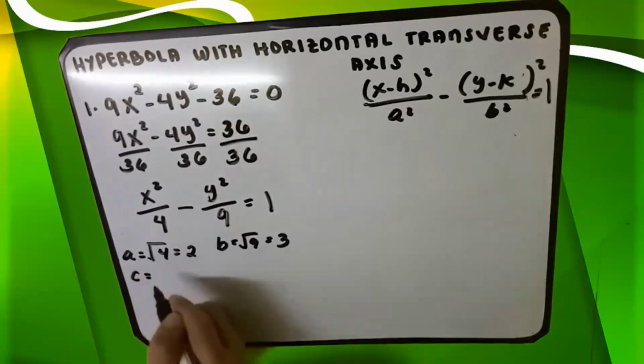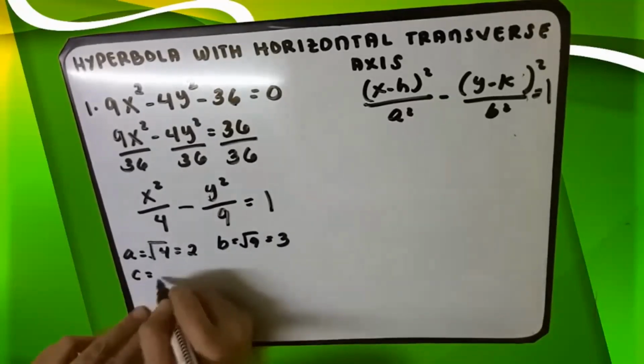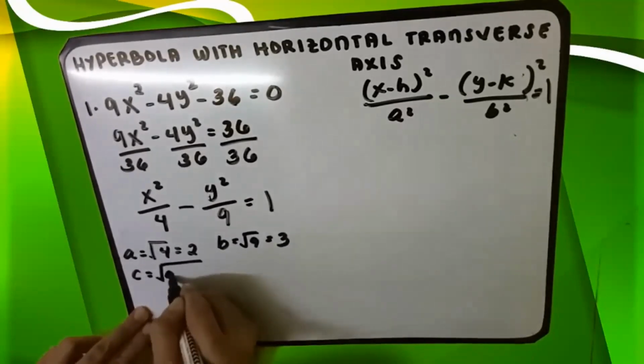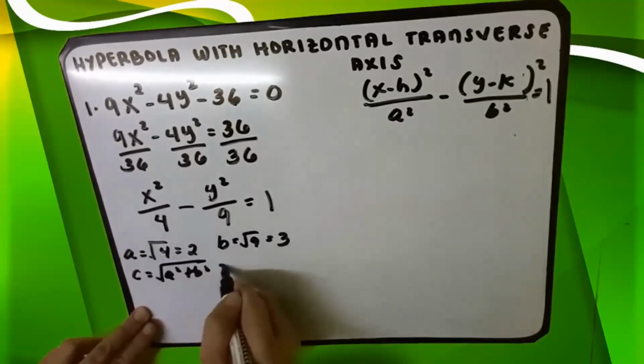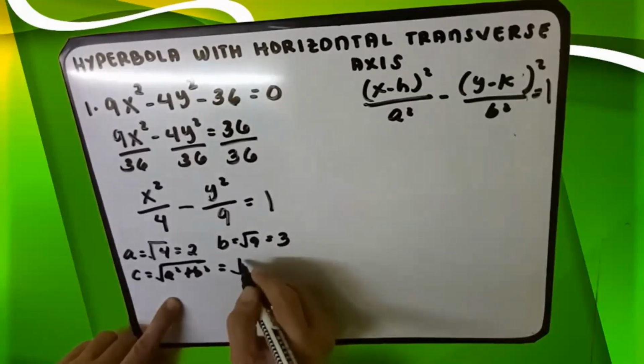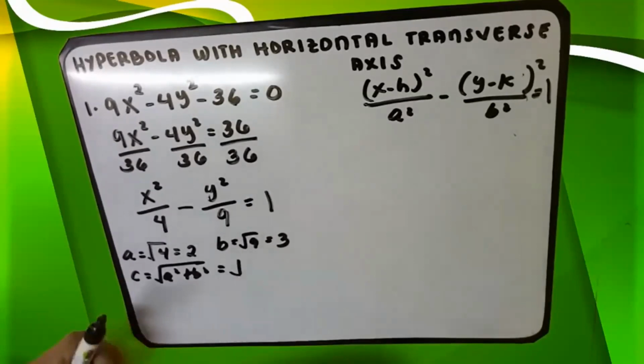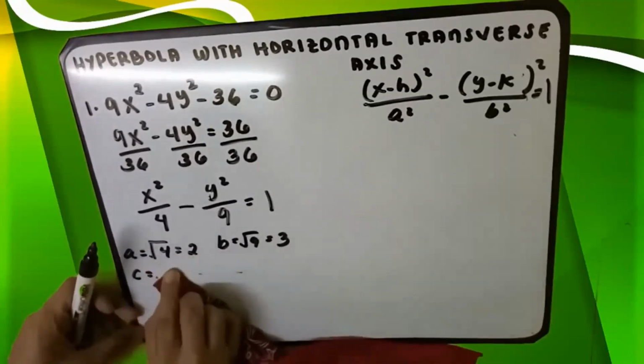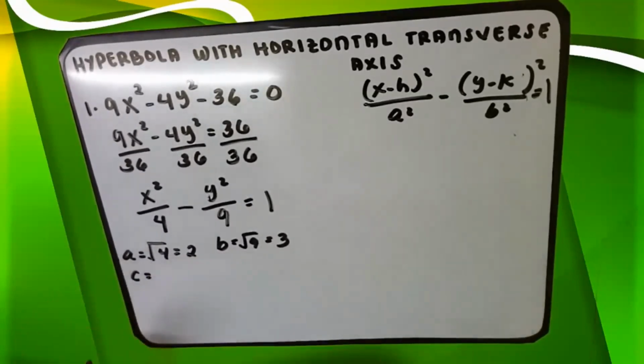For C, pinakita ko kanina, that is square root of A square plus B square. Hindi ko na isusulit yung formula.